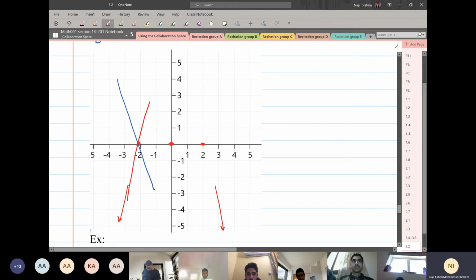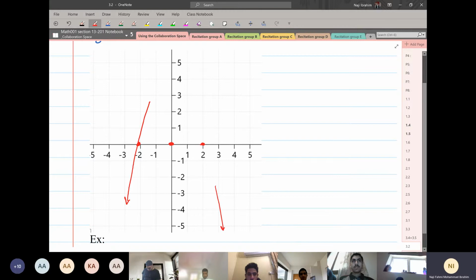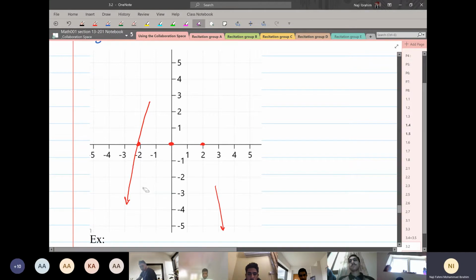Which one is correct from these two, the red or the blue? Red one. The red one, because we said both ends are going down. So I will just take this one. And did I make a cross at -2 here? Yes. Now, after the -2, is my curve above the x or below the x-axis? Above. This is above.